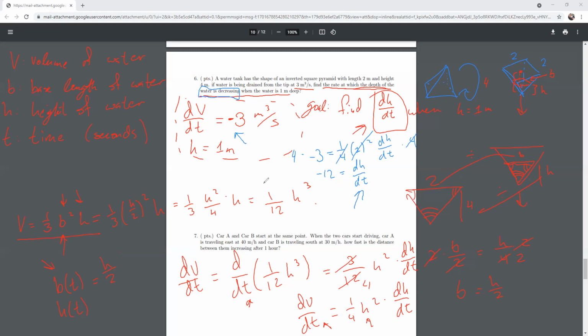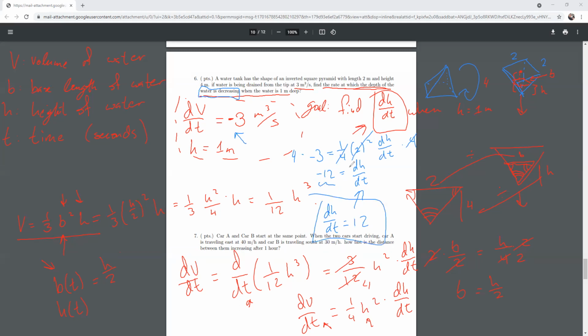So if they're asking if it's decreasing, then what you're going to do is get rid of the negative sign, because they already know it's decreasing, so you can omit it. So dh dt is equal to 12. And the only reason I do that, even though we got rid of the sign, is just so that it makes sense and everything comes out as it should.